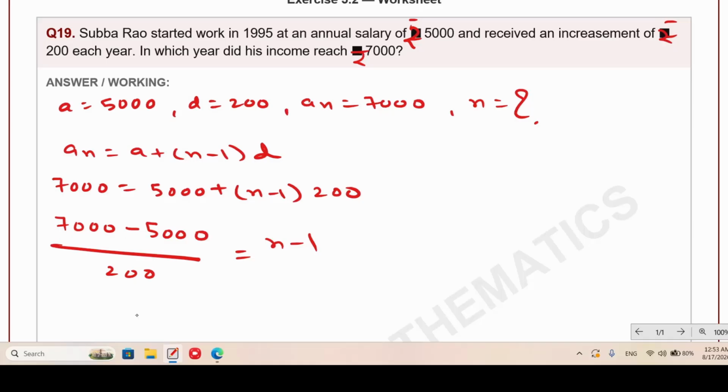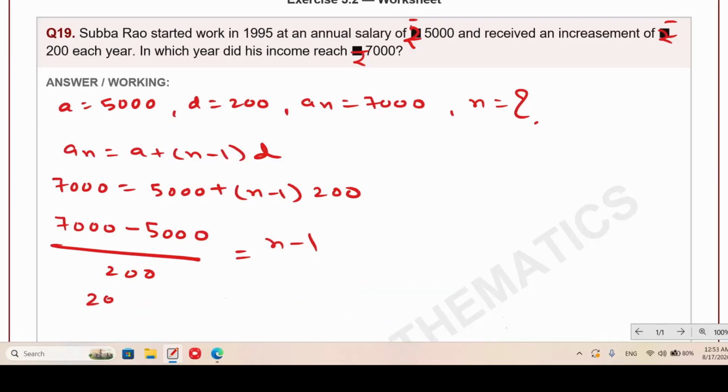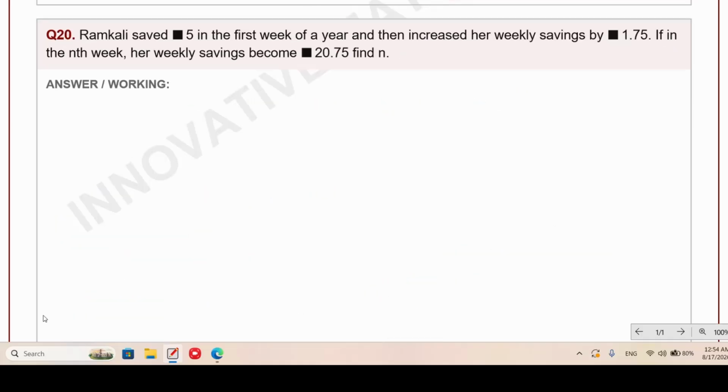So 2,000 divided by 200 is 10, plus 1 equals N. So N equals 11. 11th year.